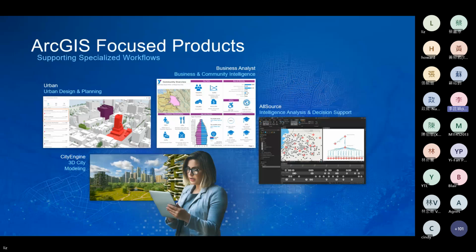And ArcGIS Urban supports collaborative, data-driven urban planning, helping planners and stakeholders design more sustainable cities. So the latest updates in Urban let you upload your 3D building models to visualize and analyze new developments in context. And Urban is now included in Professional Plus user types to give many of you access right away.